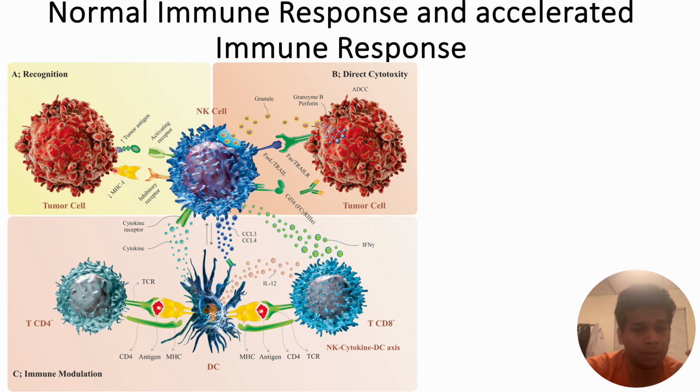It can be used as a specific tumor receptor by NK cells or other immune cells, and they can target those aberrant glycosylation pathways to trigger apoptosis on those tumor cells or on the tumor microenvironment. So this is just a brief comparison between the normal immune response and the accelerated immune response.